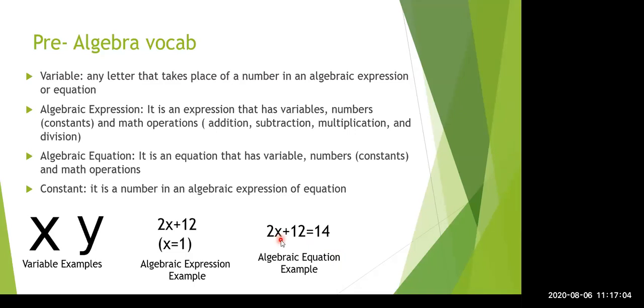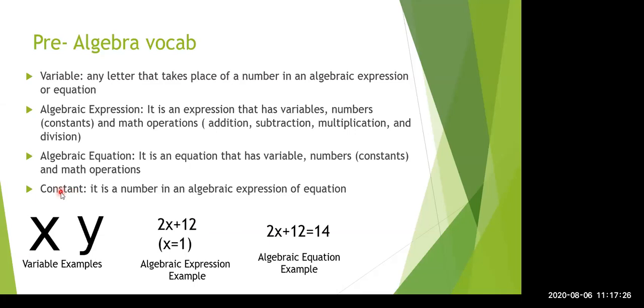So we're trying to find out what x is. While in the expression, we know what x is, and we're trying to find out, if x is a certain number, such as 1 in this example, then what is the answer? So what does 2x plus 12 equal, if that makes sense?